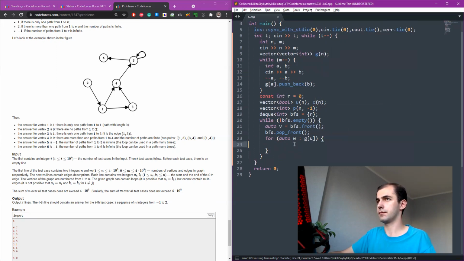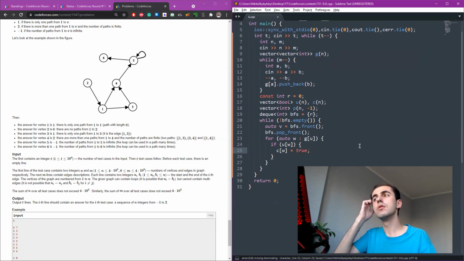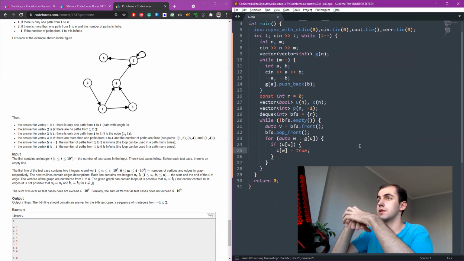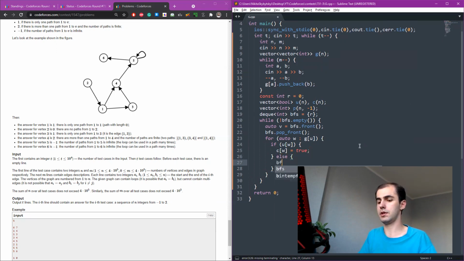Cycle. If used at V, cycle of V is true. There is a cycle contained in this vertex, which means that the number of paths to anything reachable from this is infinite. Else, BFS.